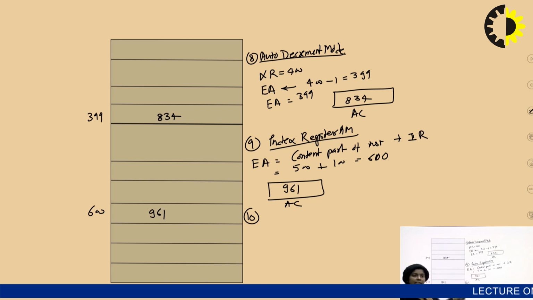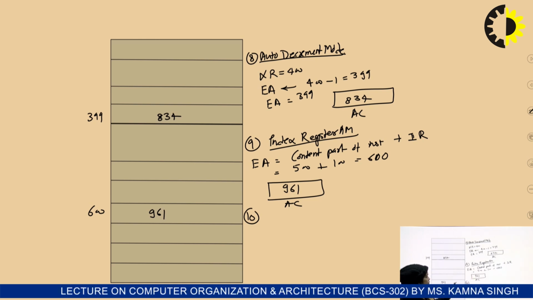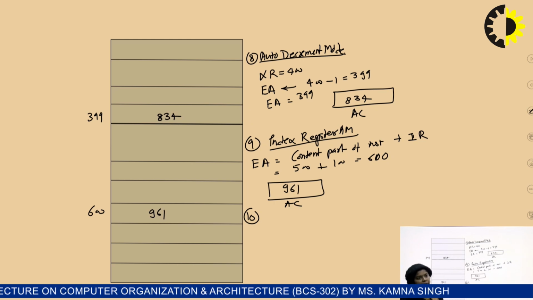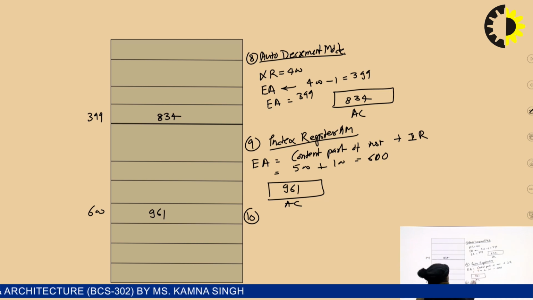This 961 I am assuming, because I know the index value and the content part of the instruction, but I don't know the operand value. So you can assume that. But every time you have to calculate the effective address of each addressing mode, to find where the operand is residing.